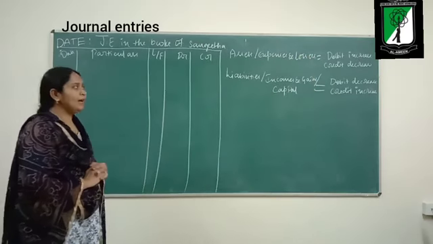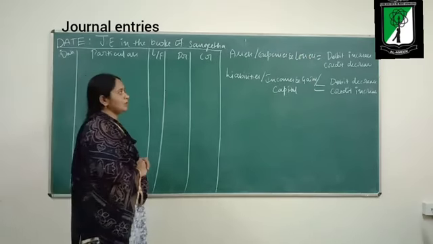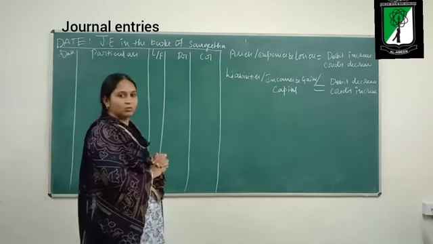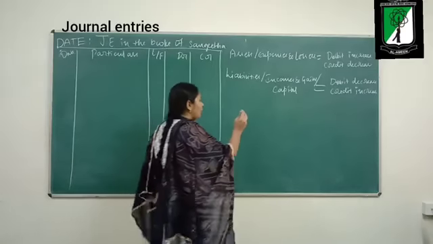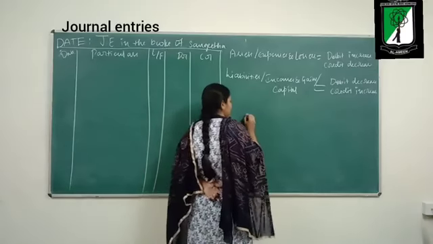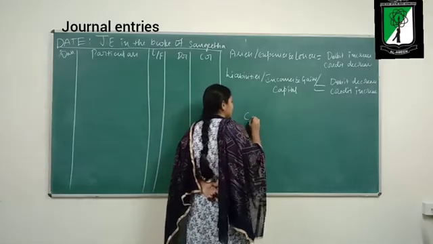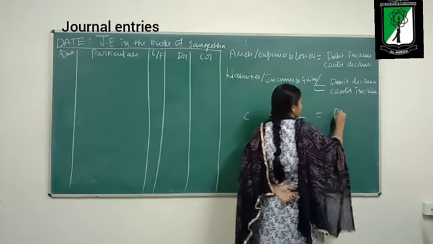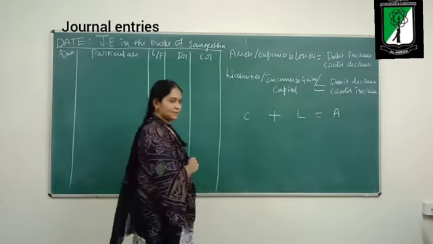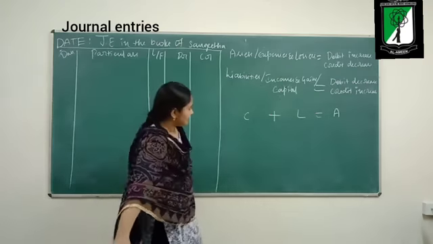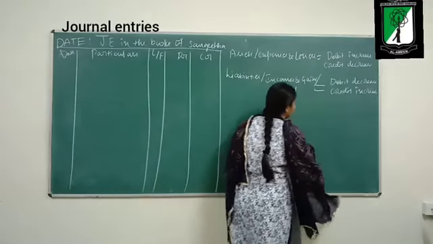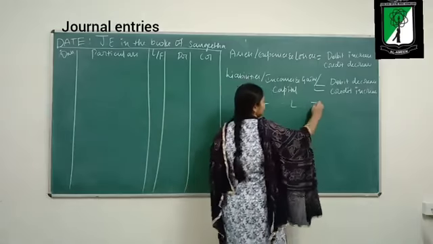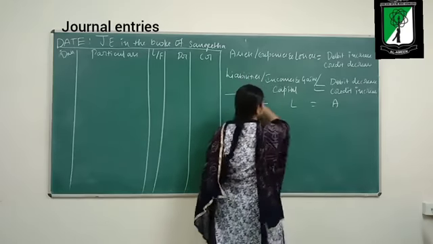Now with the help of the accounting equation, I will solve problems under this modern approach. Accounting equation: capital plus liabilities is equal to assets.